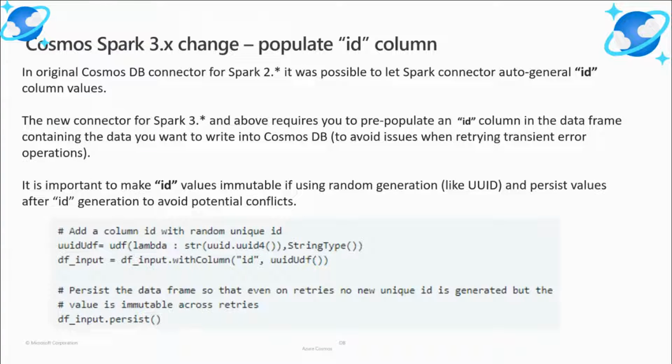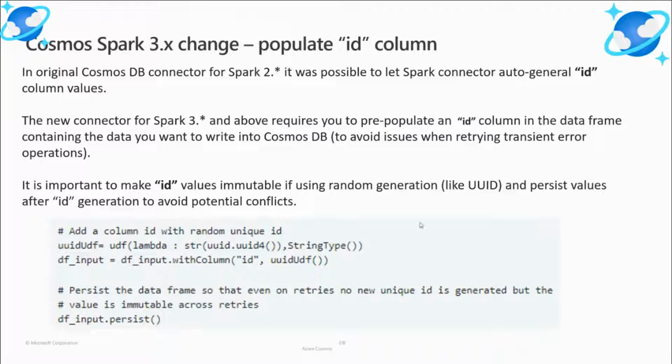With the new connector, we now require you to pre-populate the ID in the data frame yourself, so we don't allow that auto generation. The reason behind this is also coming from the SDKs themselves as the Java SDK evolved. In the older SDK, we used to allow auto generation. Now we don't allow it as part of the SDK anymore because it may create hidden conflicts, where the UUID can create a potential conflict.